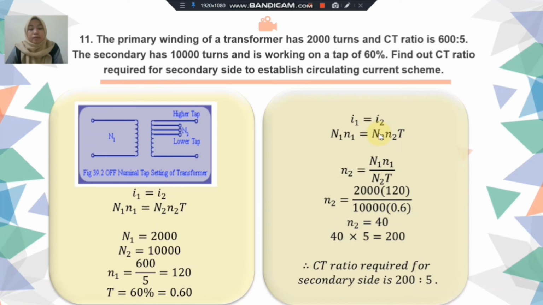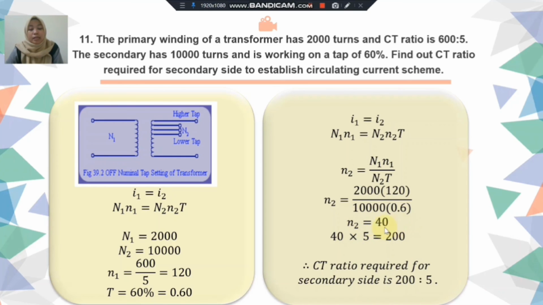At the secondary part, we multiply the current by the tap, the working tap, which is 60%. So we get n2 is equal to the number of turns N1 multiplied by the CT ratio of n1, divided by the number of turns at the secondary and the tap at secondary. After that, we get n2 is equal to 40.